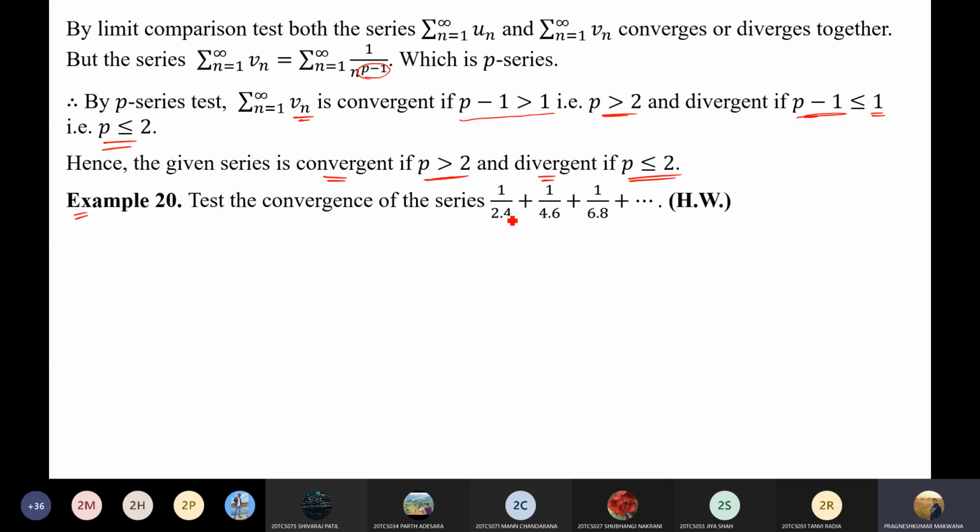Test the convergence of the series 1 upon 2 into 4, 1 upon 4 into 2 plus 1 upon 6 into 8 and so on. Now hint, the nth term is, anyone can say what is the nth term of the series?